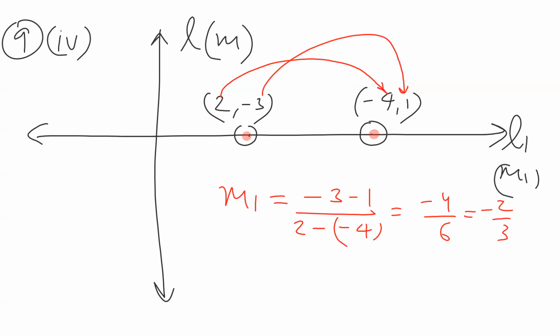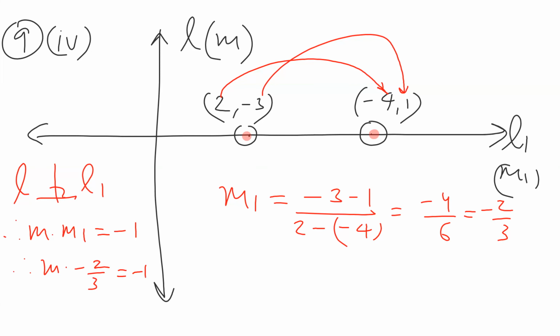Fine. Next step, L perpendicular to L1. Therefore, M into M1 is equal to minus 1. M is not known to us, so M into minus 2 by 3 is equal to minus 1.